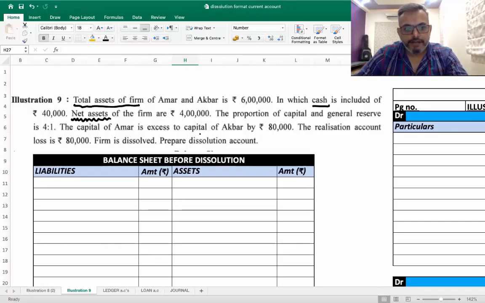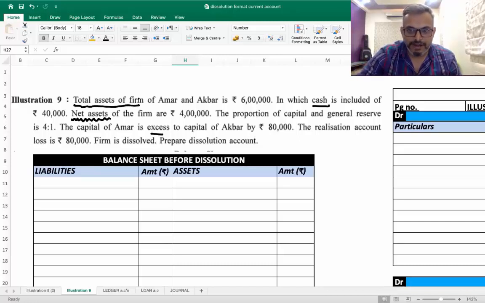Proportion of capital and general reserve is 4:1. The capital of Amar is in excess of the capital of Akbar by 80,000. The realization account loss is already given, 80,000. Firm is dissolved. Prepare dissolution accounts.